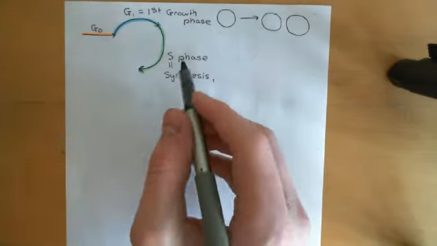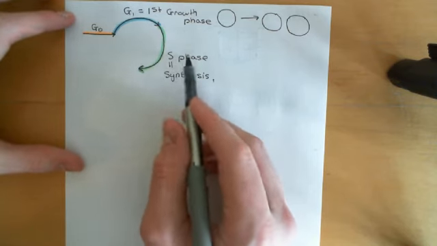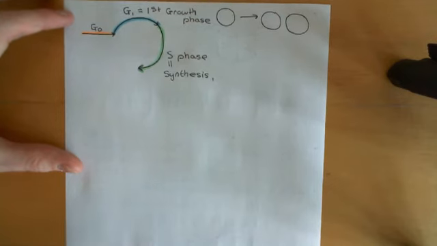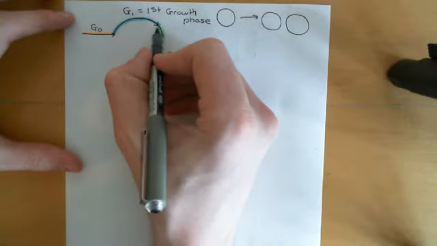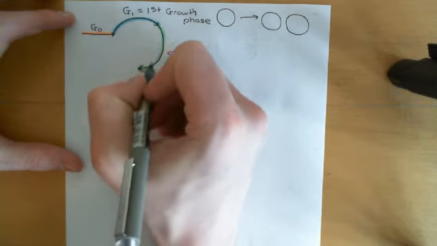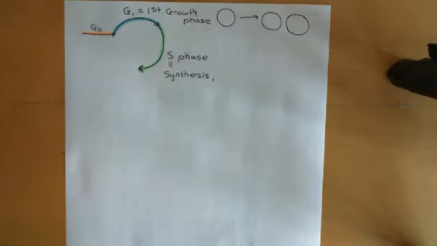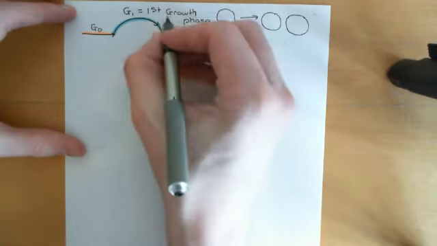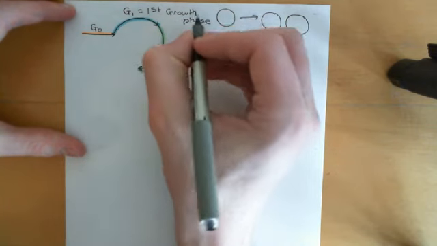Basically, the machinery for copying all of the DNA is not normally activated, and some of it's not even present in a normal undividing cell. So in the G1 phase you're going to get all of that machinery assembled and produced, so that you're ready to begin the synthesis phase when that commences. So in G1 phase you're making more proteins and also preparing the machinery for copying the DNA.